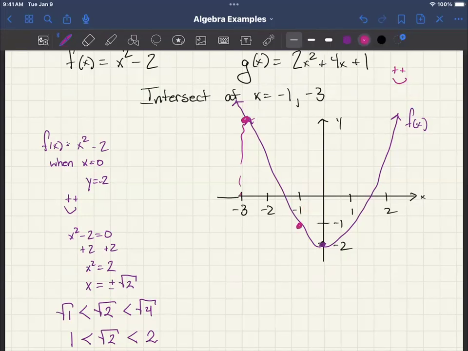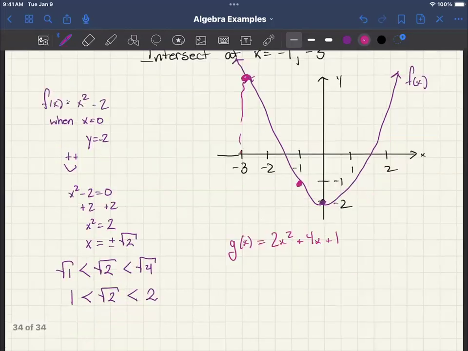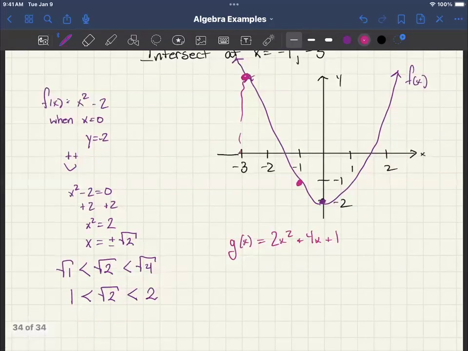So let's look at our g of x and figure that out. Now, if you want to, you can solve for the roots of g of x to figure out where it crosses the x-axis again. That's one of the first things I did, using the quadratic formula.